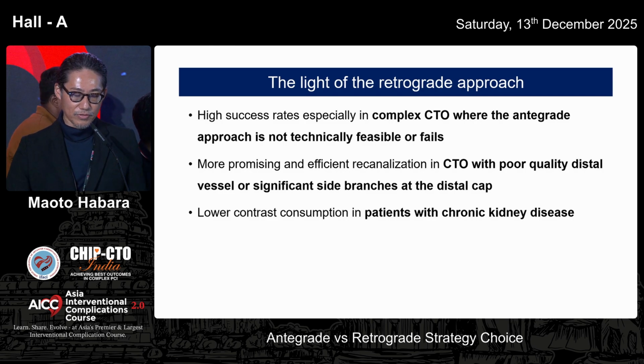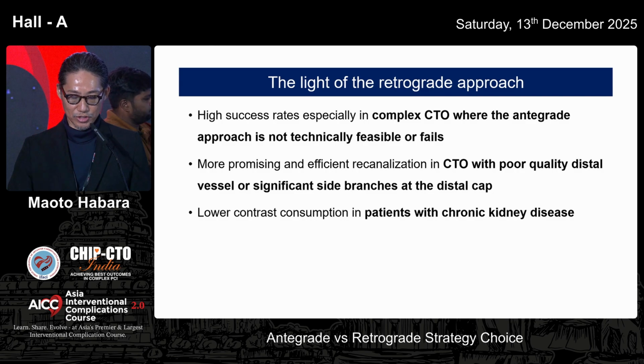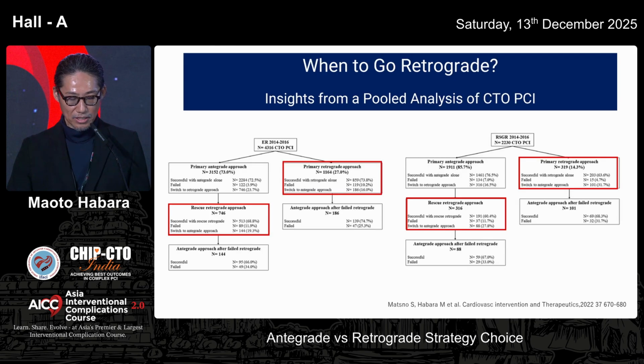However, there is a light and darkness to the retrograde procedure. The high success rate is especially for complex CTO, where the antegrade approach is not technically feasible or fails. So when to go retrograde? This is the J-CTO expert registry in Japan and also the Retrograde Summit in Japan, with a similar situation.